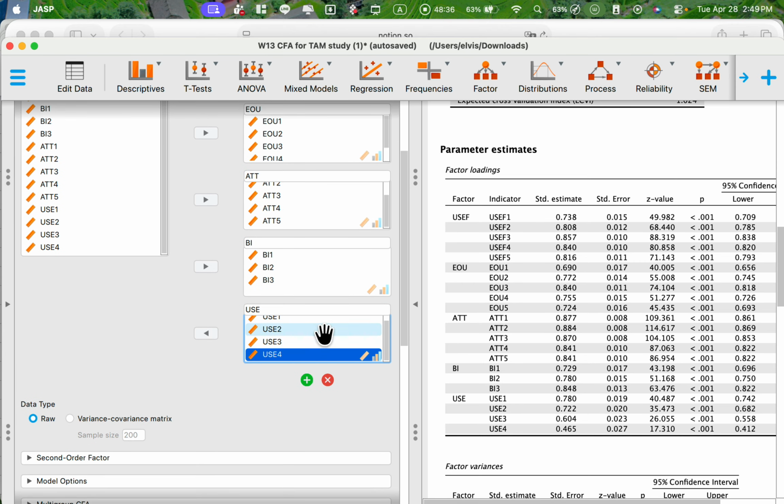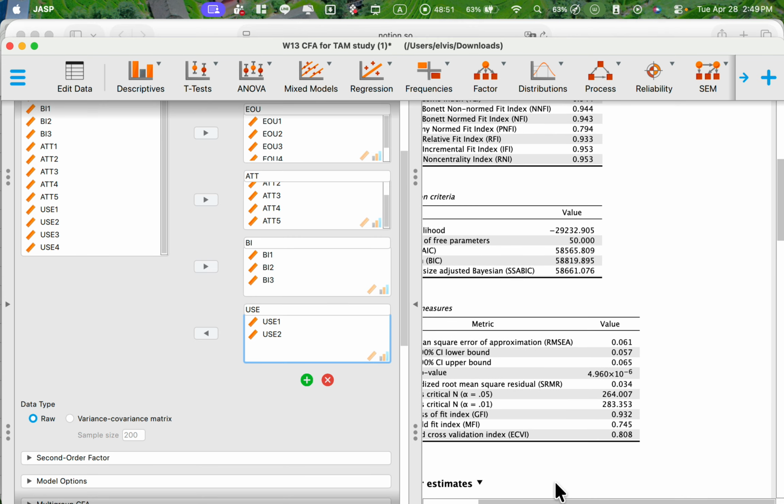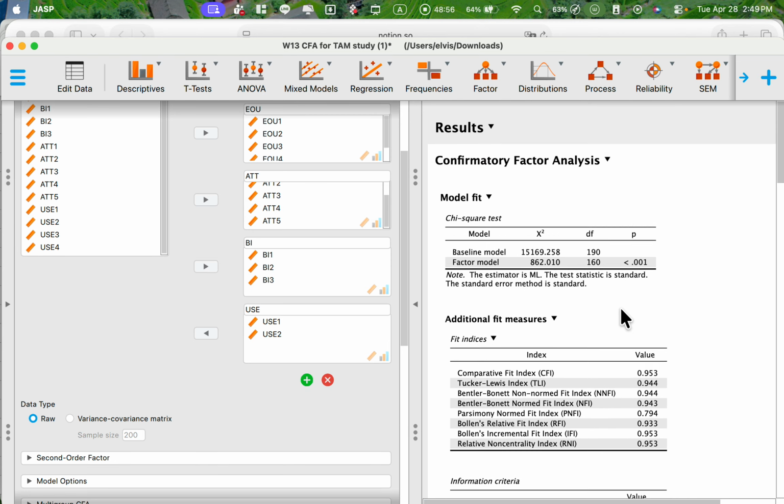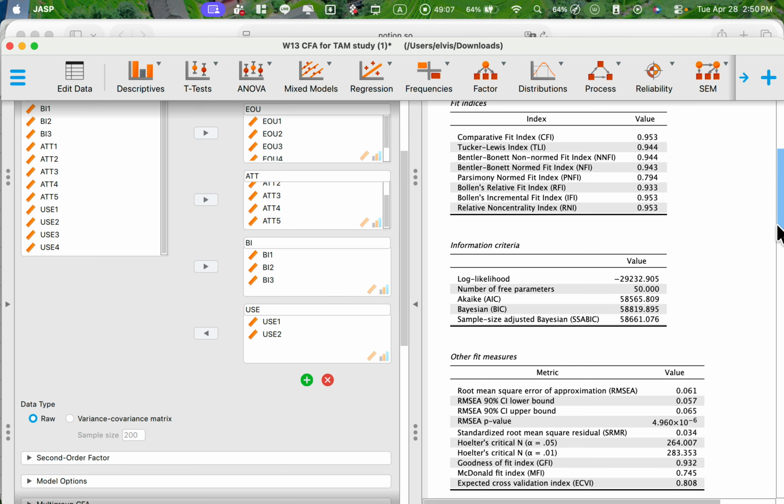I just removed the third item and the fourth item. So now usage has two indicators, all of them above 0.7. Let me take a look at the result. Okay, the p-value is still significant. Okay, now take a break.